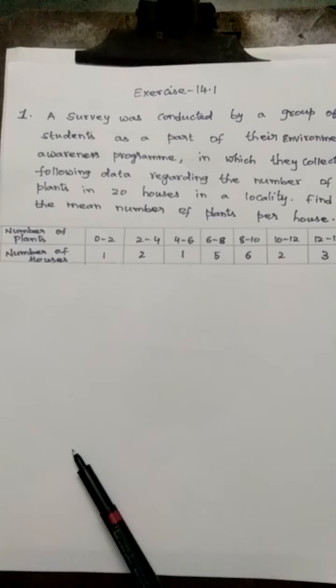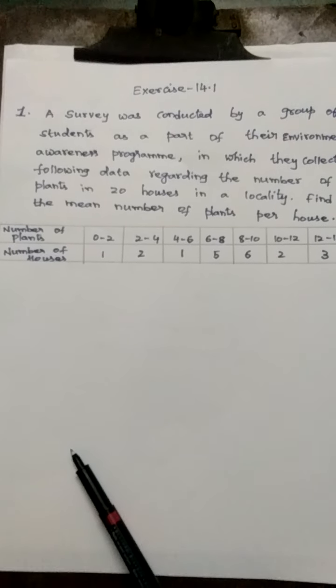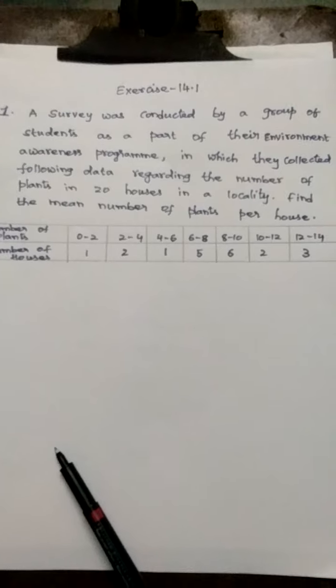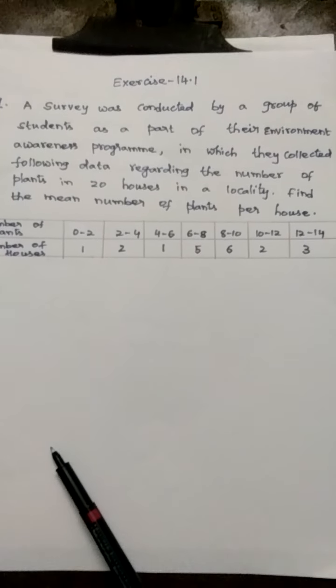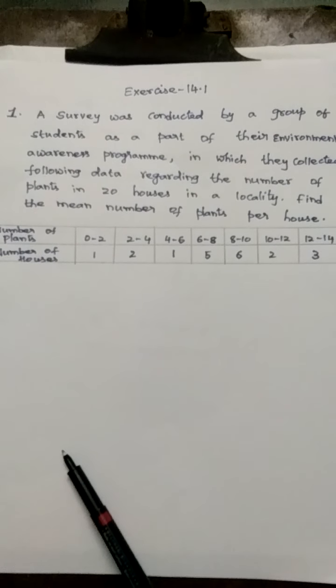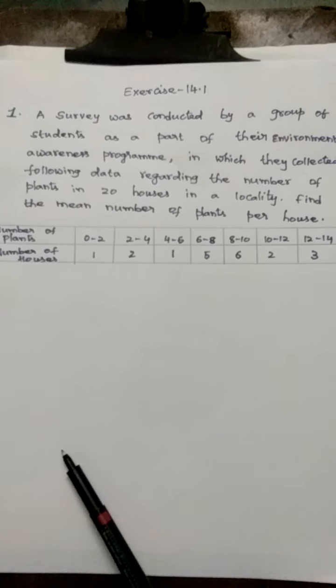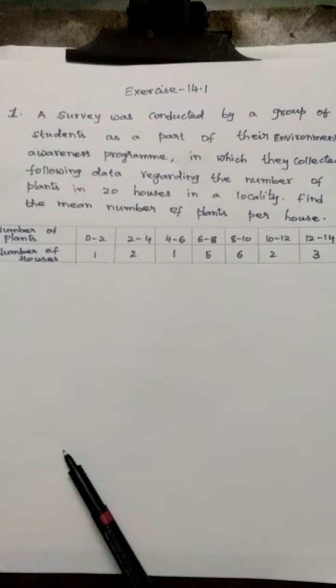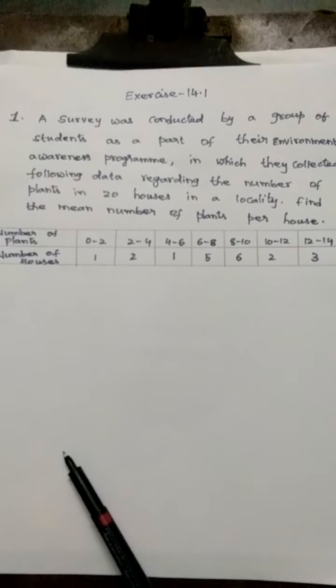Number of plants 0 to 2, 2 to 4, 4 to 6, 6 to 8, 8 to 10, 10 to 12, 12 to 14. The number of houses are 1, 2, 1, 5, 6, 2 and 3.